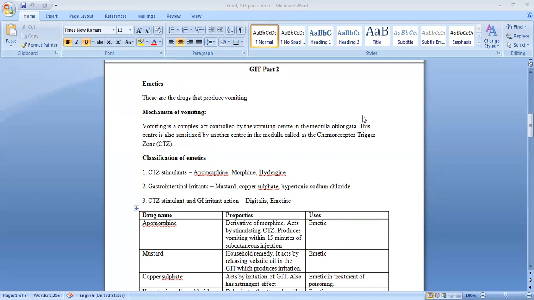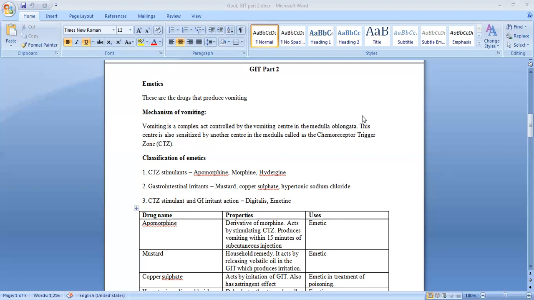We are very familiar with the process of vomiting. Many times when we have a stomach upset, we have this vomiting sensation or we have nausea. So what exactly happens during the process of vomiting? Although it seems like a very simple thing, it is a complex action and it is controlled mainly by a center in the medulla, which is called the vomiting center.